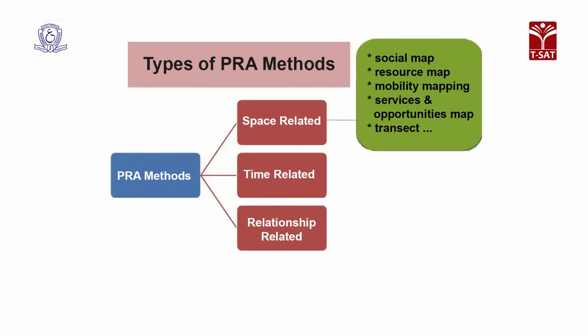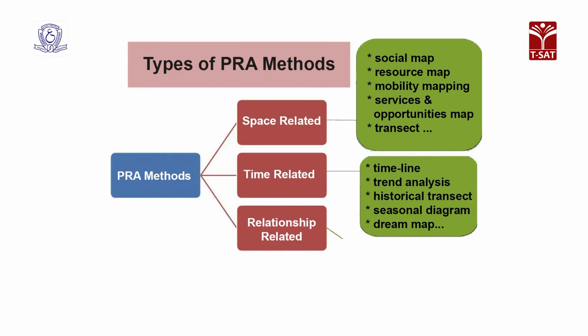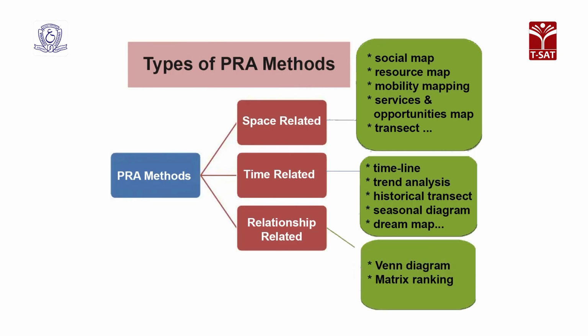Space-related methods include social map, resource map, mobility mapping, services and opportunities map and transect walk, etc. Time-related methods include timeline, trend analysis, historical transect, seasonal diagram, dream map, etc. Relationship-related methods include Venn diagram, matrix ranking, etc. The space-related methods are useful for exploring the spatial dimensions of people's reality.